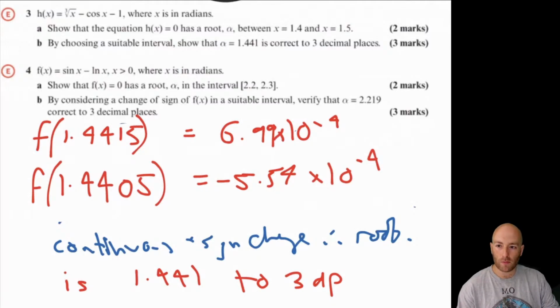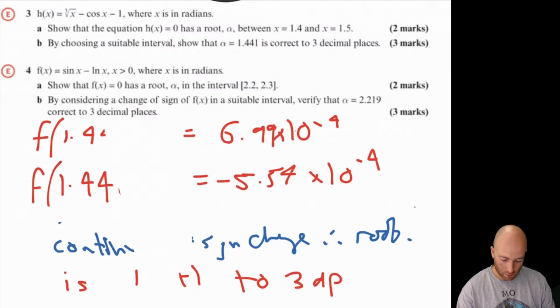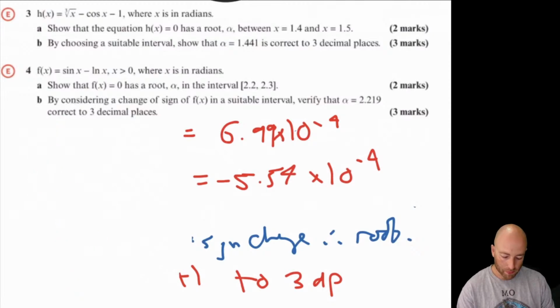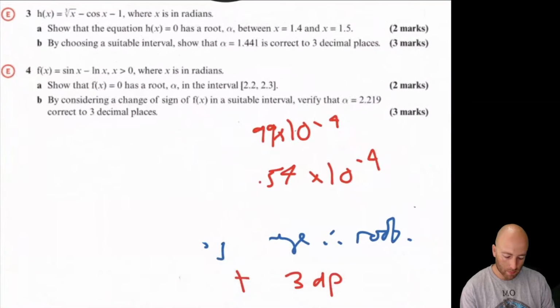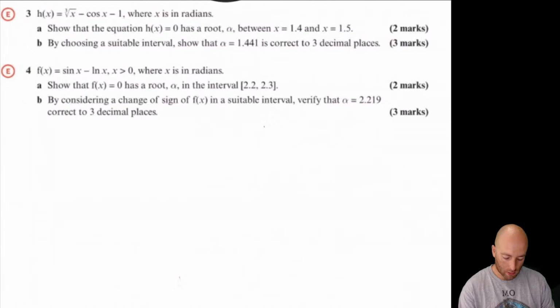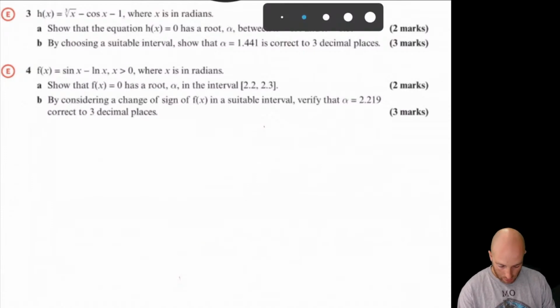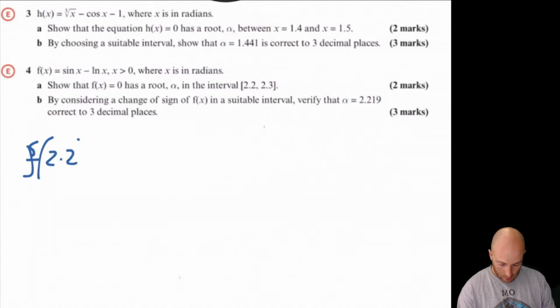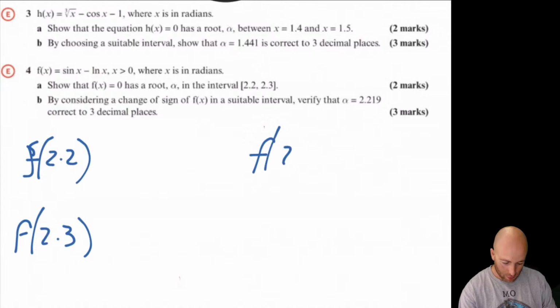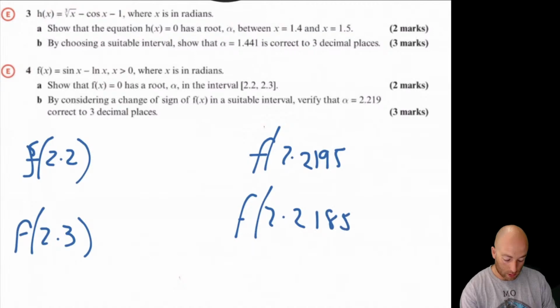Second one, very, very similar. We'll go through this nice and quickly. So we're going to do f of 2.2 and f of 2.3. Then we're going to do f of 2.2195 and f of 2.2185.